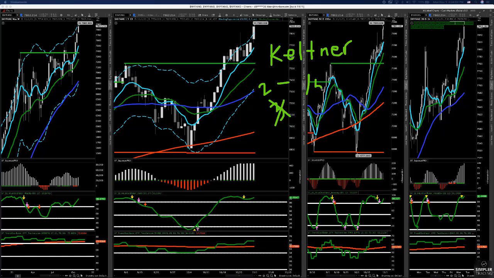Now, by default, it uses a 20 period. And if you follow John Carter, he uses a 21 period. For my testing, I found that a 15 period just did the trick a little bit better for my personal style, right? So the dotted white lines there, that is the Keltner channel or ATR band set on 2 ATR on a 15 period.